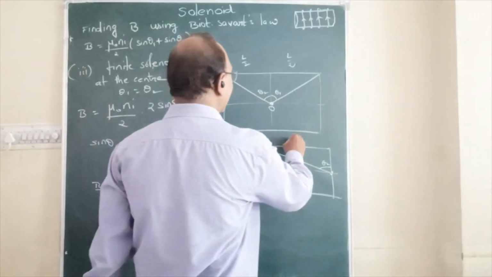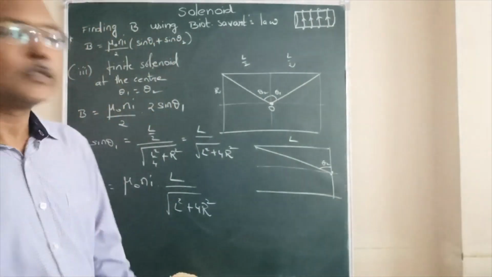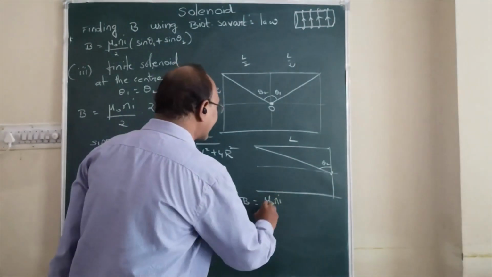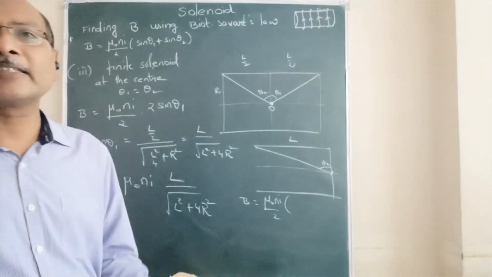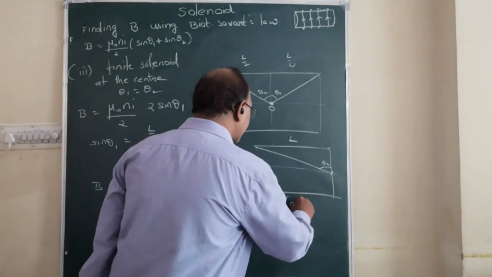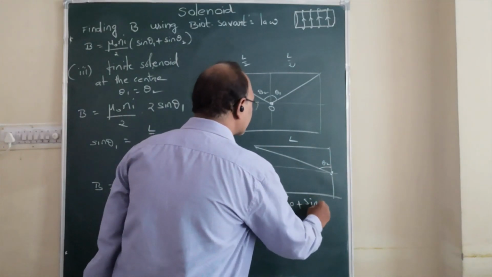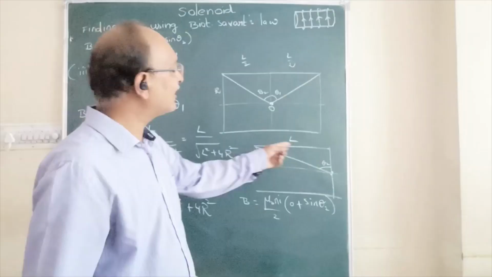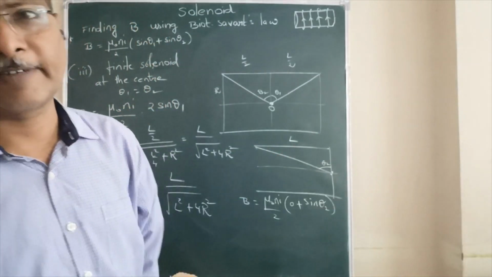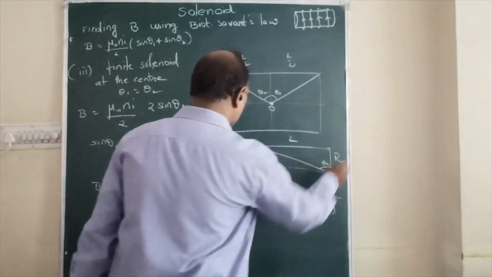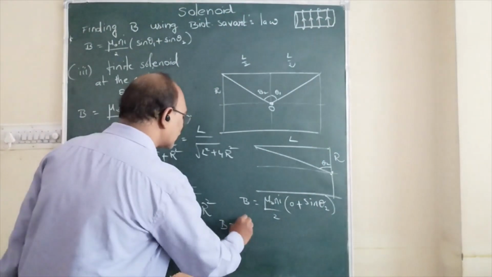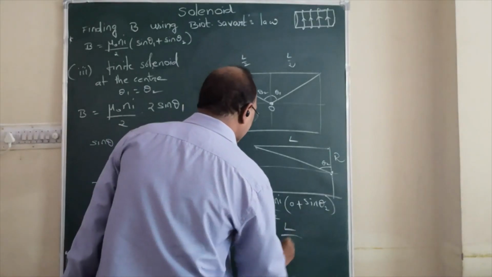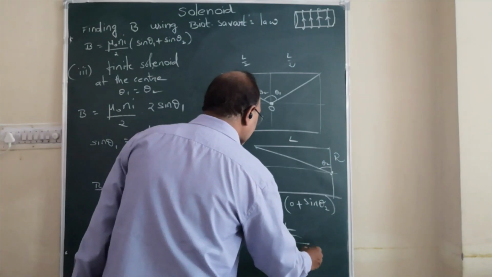So this length will be L. So B is equal to mu naught N i by 2, theta 1 is 0, so sine 0 is 0, plus sine theta 2. Now sine theta 2 means L by root of L square plus R square, because this is R. So I can write B is equal to mu naught N i by 2 into L by root of L square plus R square.